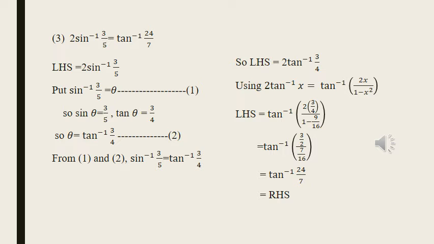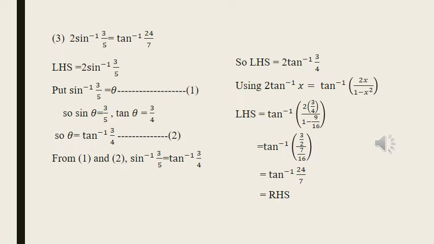When we observe, if the left hand side was 2 tan inverse x, then there is a formula available, isn't it? 2 sin inverse x has 3 different formulas: one in terms of sin inverse, another in terms of cos inverse, and the next one in terms of tan inverse.